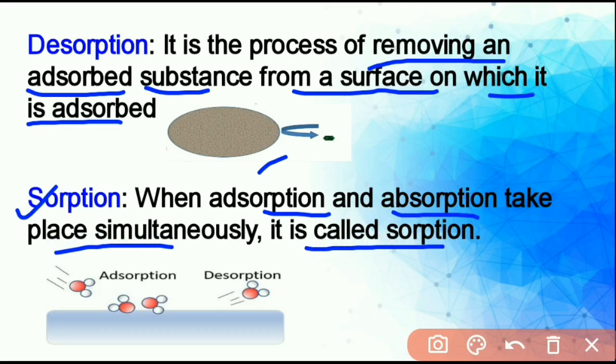See the picture, we can understand easily. Here some molecules of the substance adsorb on the surface of the adsorbent, and some molecules are removed from the adsorbent. So both processes take place simultaneously, and that type of process we call sorption.